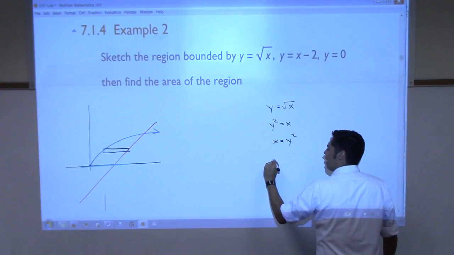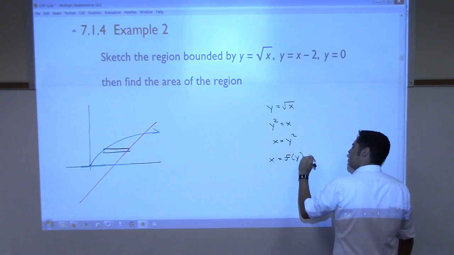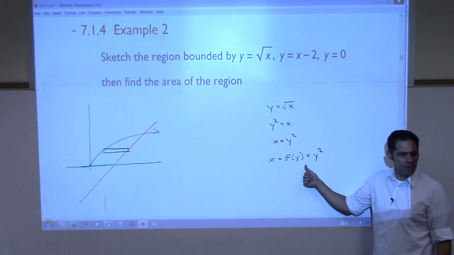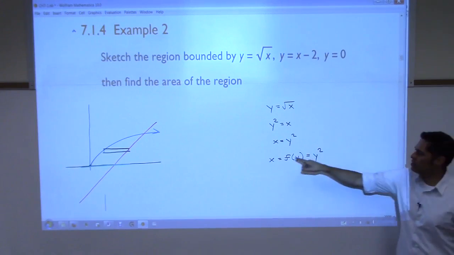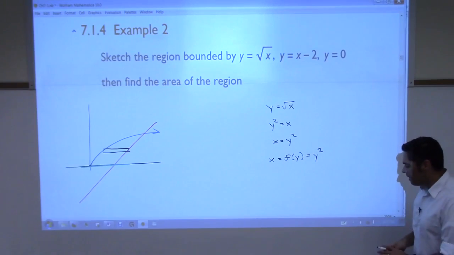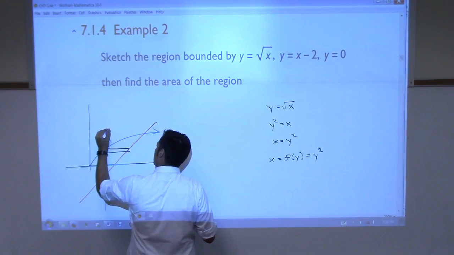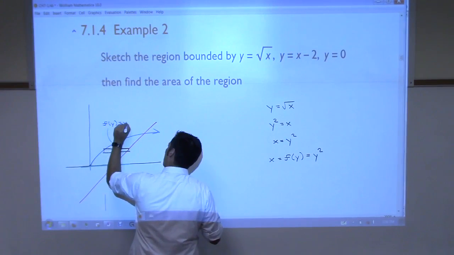You could say that x is some function of y, which is y squared. See how that works? Instead of saying y is a function of x, you're saying x is a function of y. So I could label this blue one as f of y is y squared.